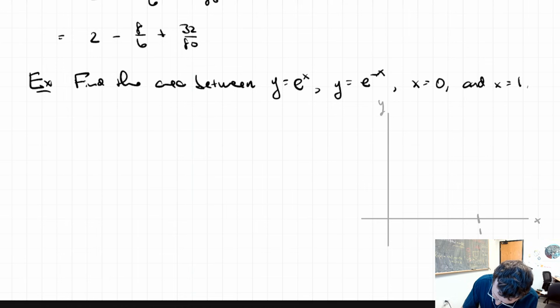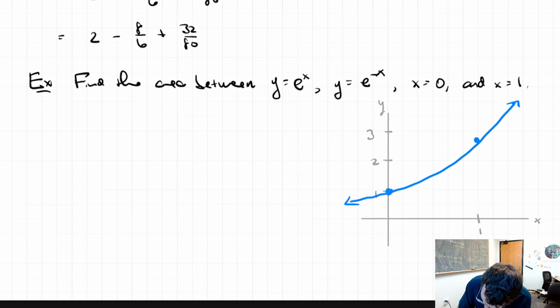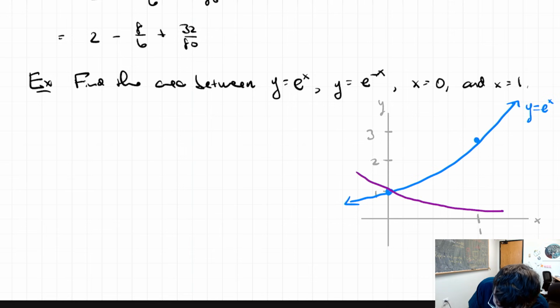e to the x looks like this. It goes through 1, and e to the minus x looks like this.